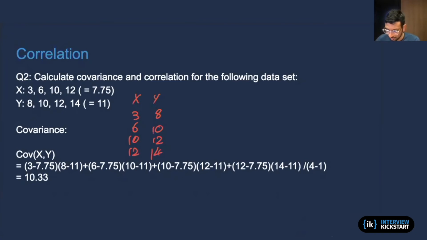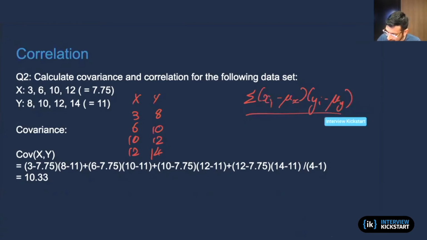Obviously the answer is on the slide, but let's take a little bit and remember that formula: the sum of (xi minus mu x) times (yi minus mu y), divided by n minus 1. And there are reasons we picked n minus 1.